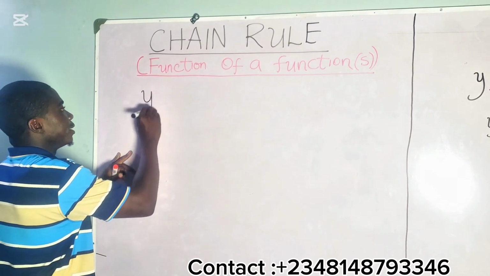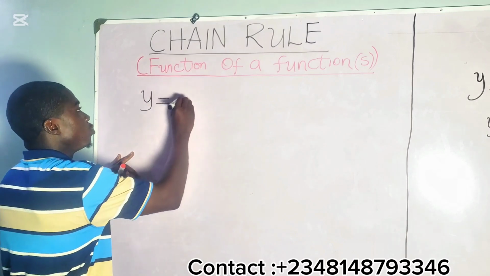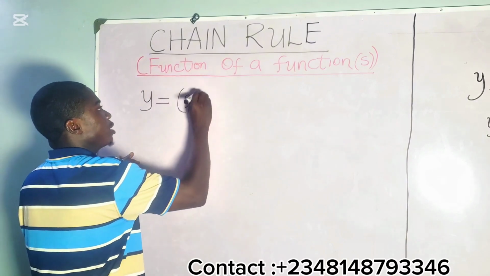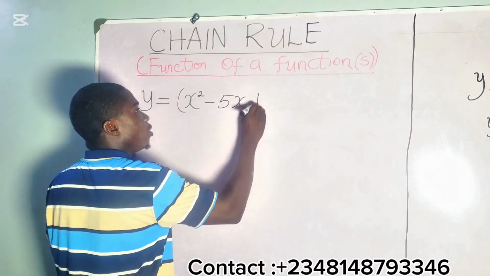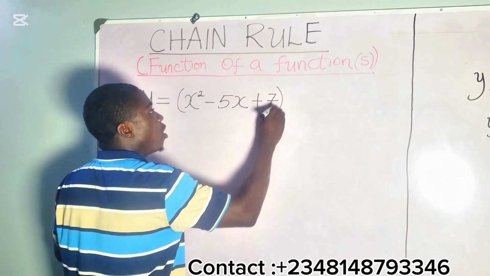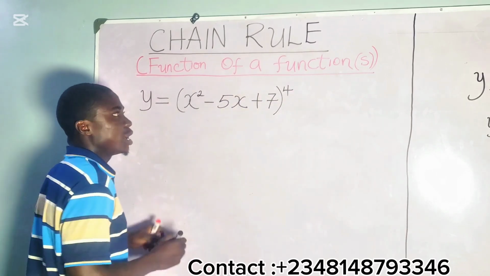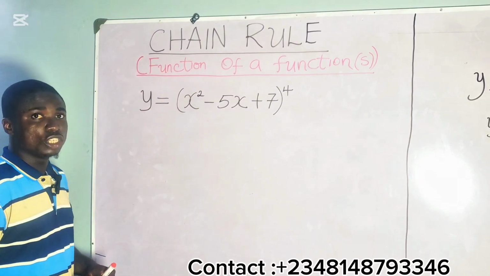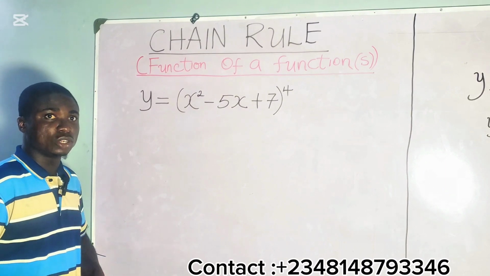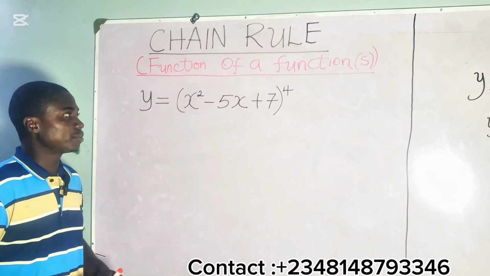If y is equal to (x raised to power 2 minus 5x plus 7) all raised to power 4, and you're asked to differentiate y with respect to x using the chain rule method of differentiation, how do you go about it?